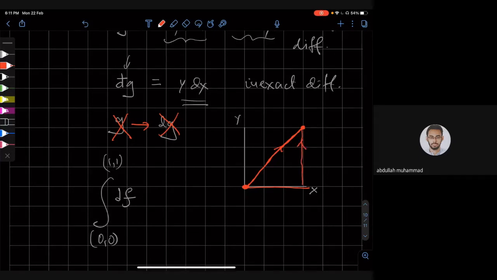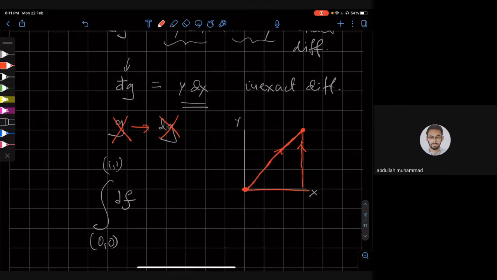And you can show that for this one, the result of the integral doesn't matter whether you take path number 1 or path number 2.